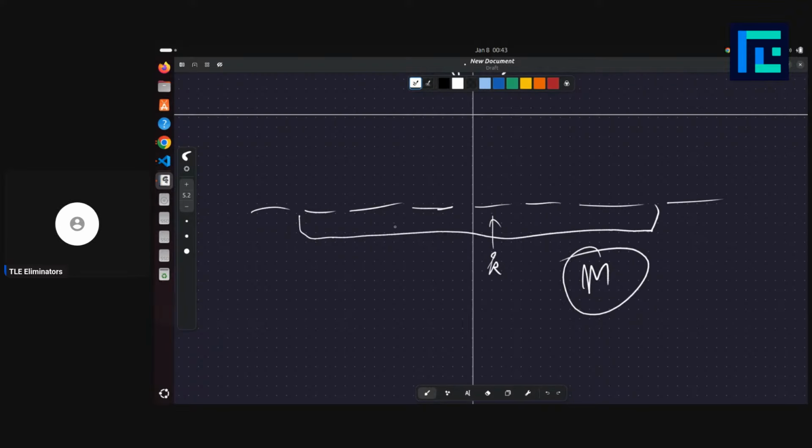This would never happen: one soldier here but no soldier here, this one not fortified but that one fortified. That would never happen in the optimal case because we are just spending an extra move and doing nothing.